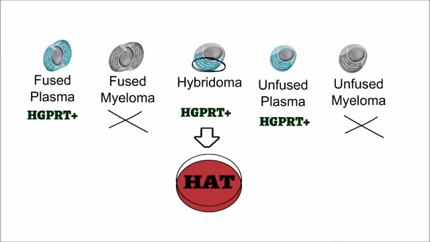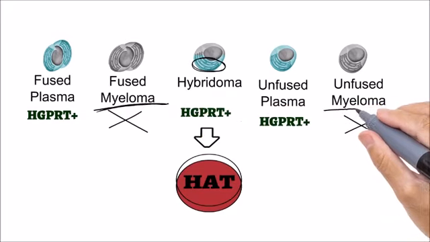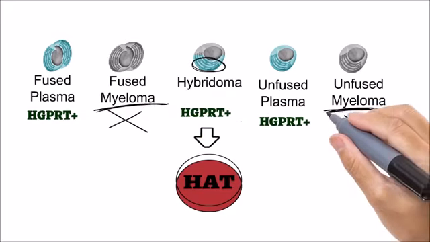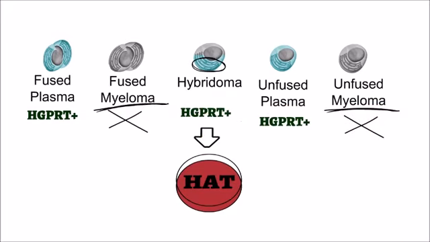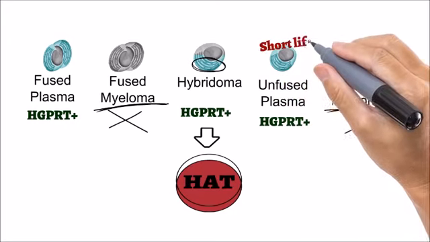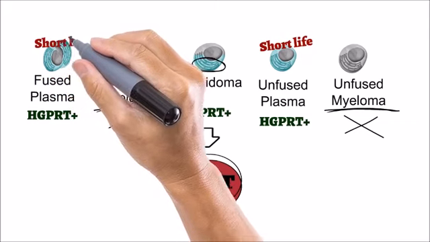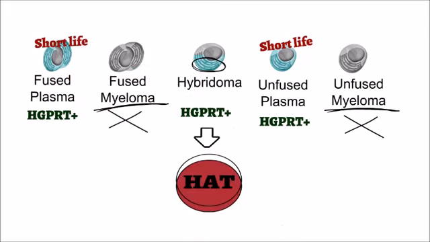Cells which lack the HGPRT enzyme will not grow on the HAT media, and these cells are fused myeloma and unfused myeloma. The other 3 types of cells can grow on the HAT media, but the lifespan of plasma and fused plasma cells is very short, and within a few weeks they will automatically die.